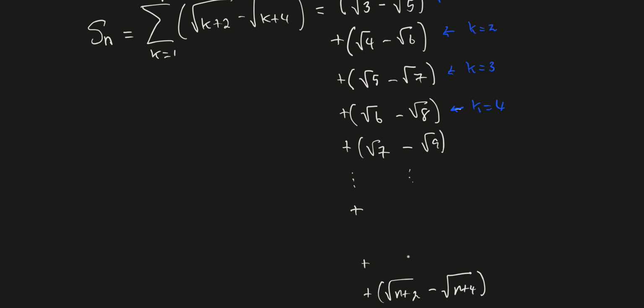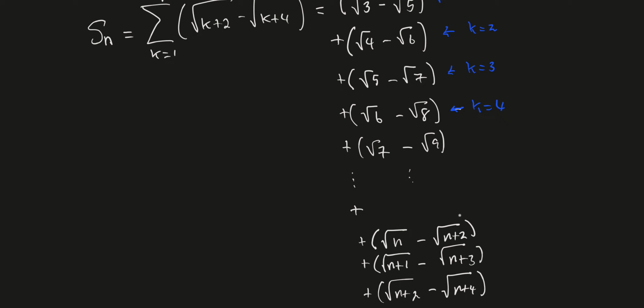Then if I plug k equals n minus 1 in, I basically have to subtract 1 from this. So I would end up having the square root of n plus 1 minus the square root of n plus 3. And then keep going. Let's go back one more term: the square root of n minus the square root of n plus 2.